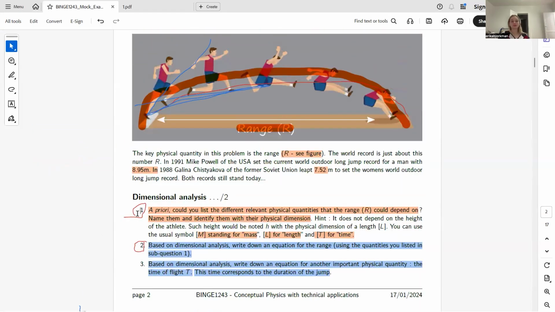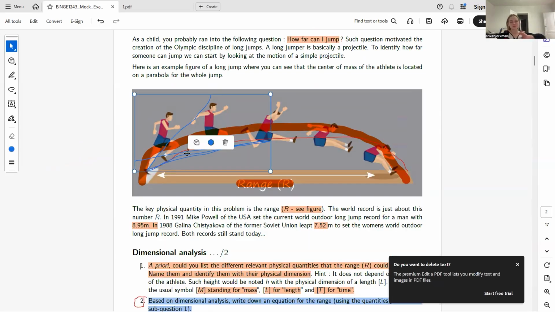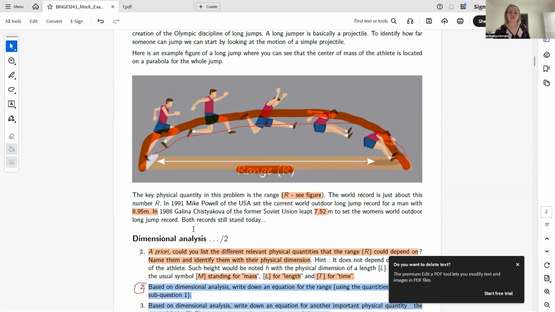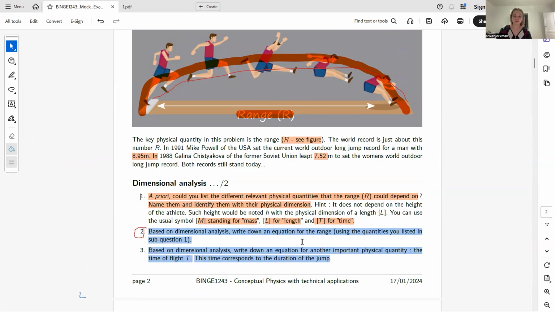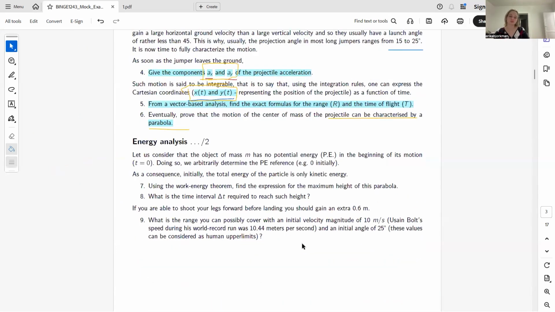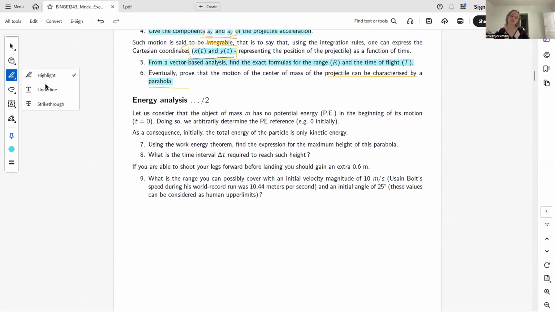Okay, I need to make some space to solve the last part. Energy analysis. When the projectile is still in my hand, it does not have any type of motion.